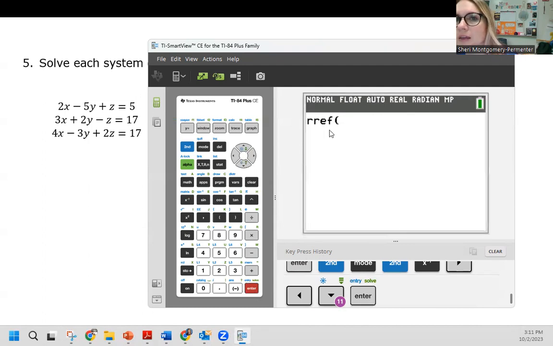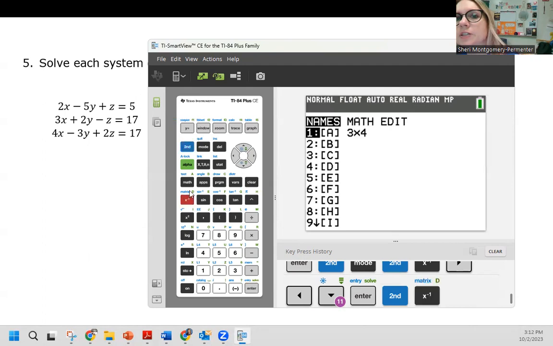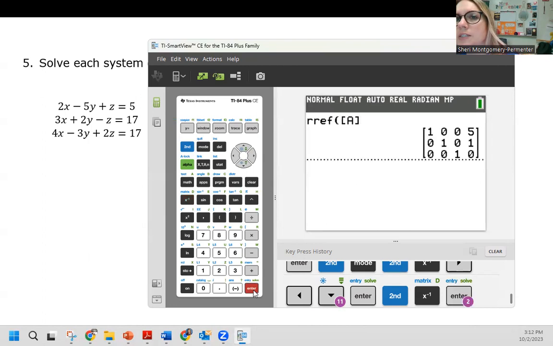That doesn't do anything unless you tell it which matrix you want to find the row reduced echelon form. So you have to press second and then matrix again. It says names. We want A, so enter. And then if you press enter again, we get our answer.